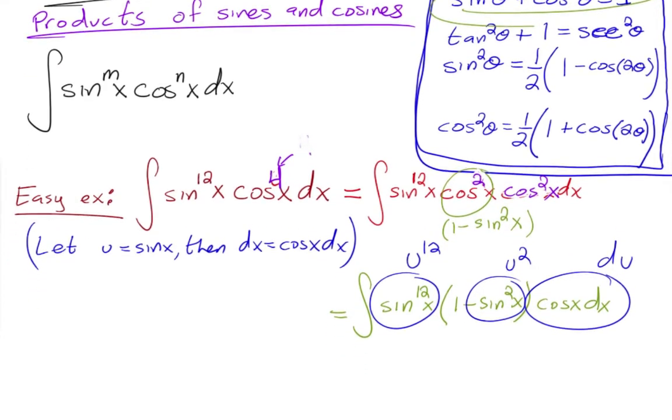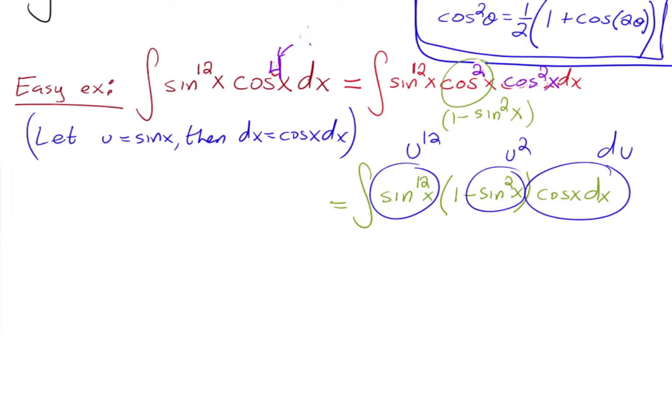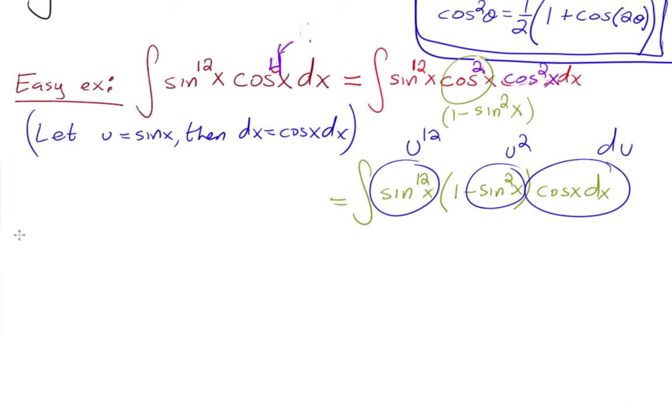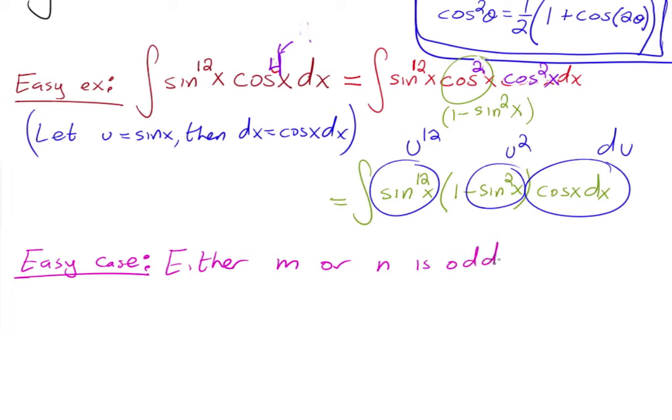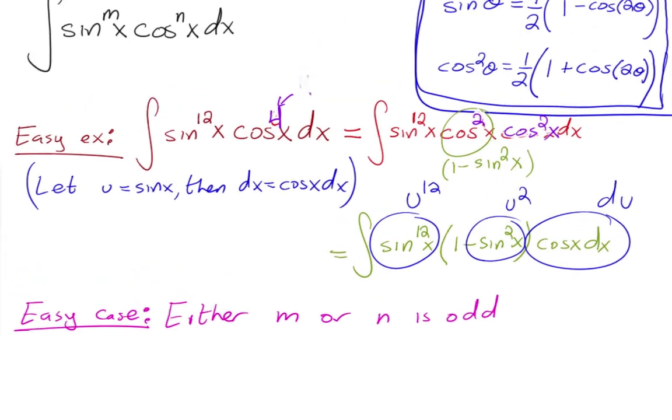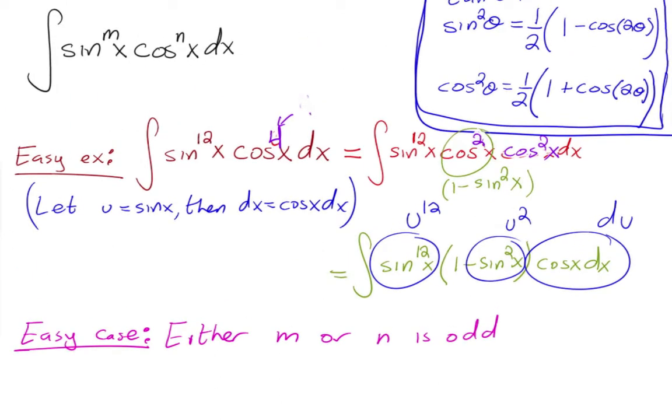So let's write some of these things down. You guys agree that this is a bigger challenge. So I think you guys will agree that the easy case is if either m or n is odd. This is easy, right? What we're saying here is that if the degree of either sine or cosine is odd, then that's easy, because then what can you do?